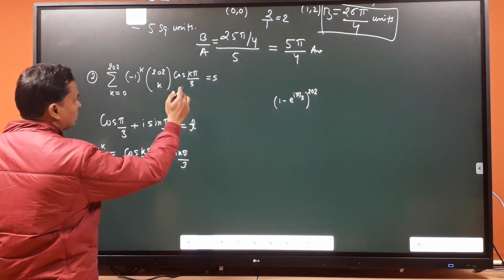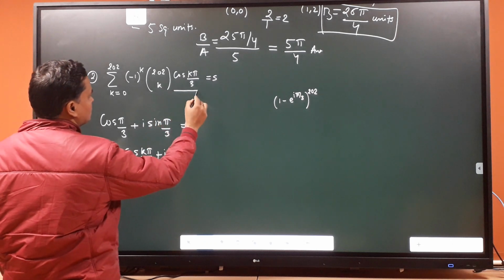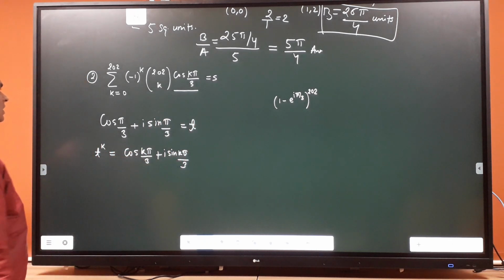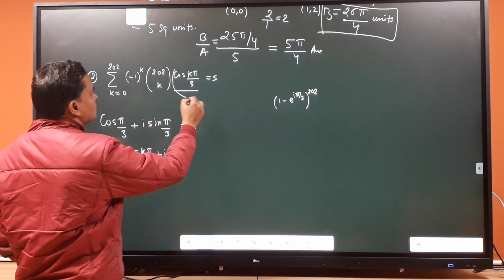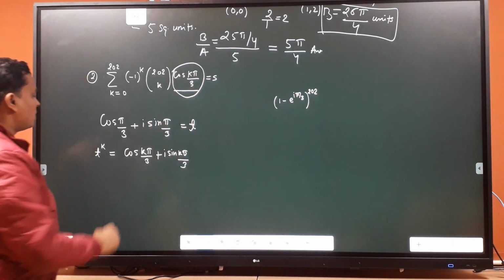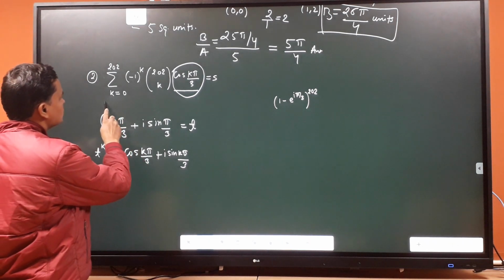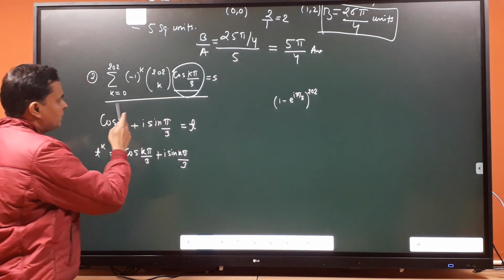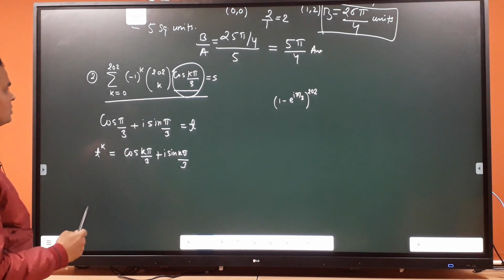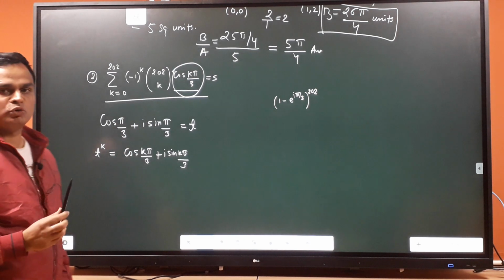And this particular term is the real part of t to the power k. So for the whole expression, if we just intuitively see it, it seems that there is somewhere involvement of the binomial theorem.